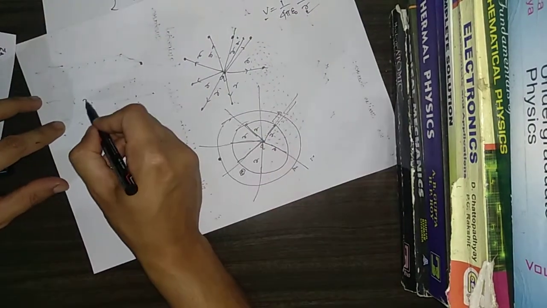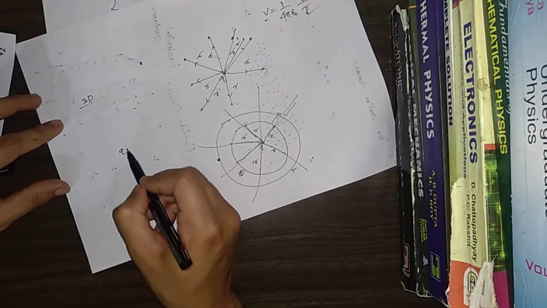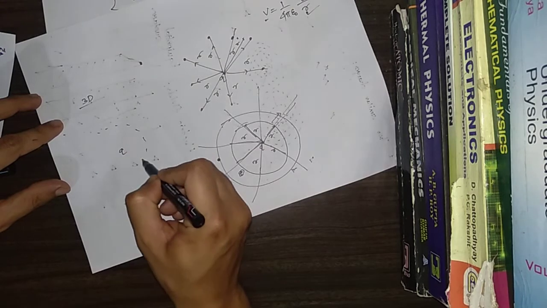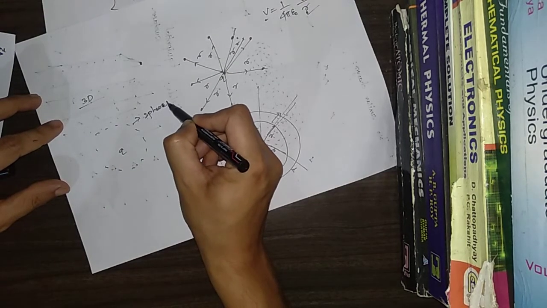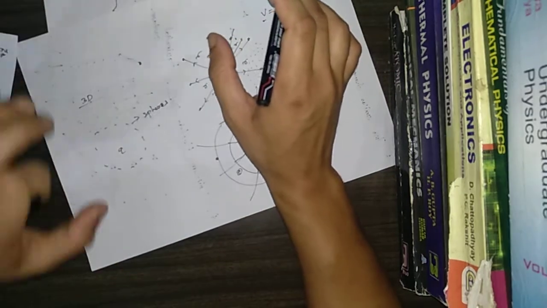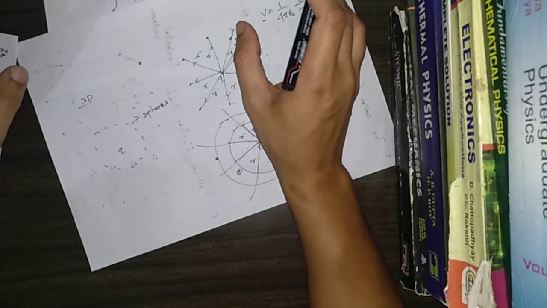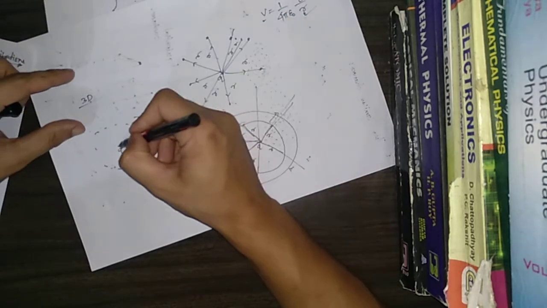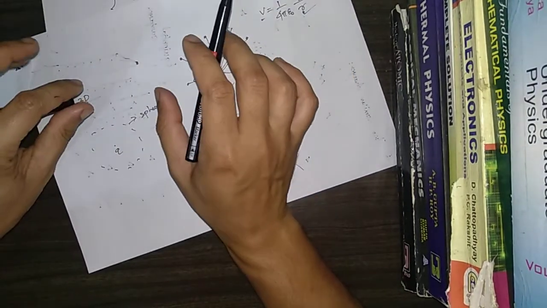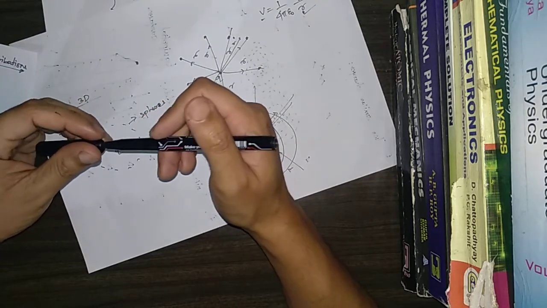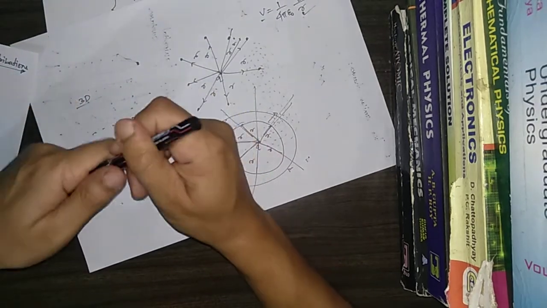If your situation is 3D, for a single charge the equipotential surfaces are spheres, because the surface of the sphere is equidistant from the charge at the center. That means at every point on the surface of the sphere, the value of the potential remains constant.